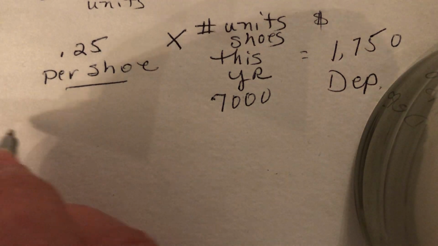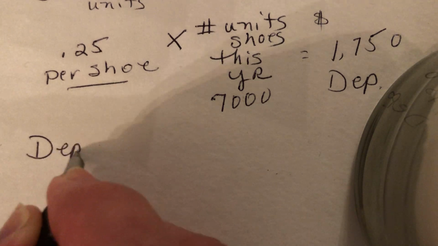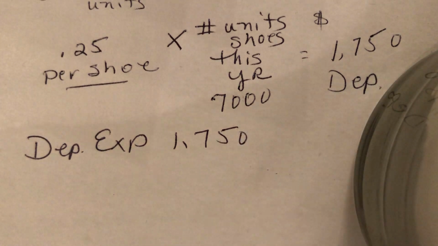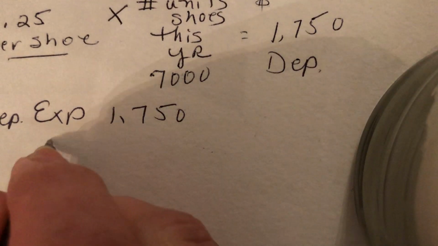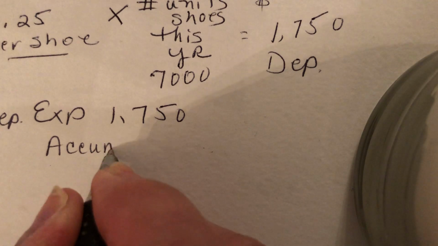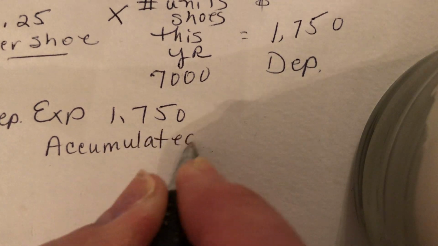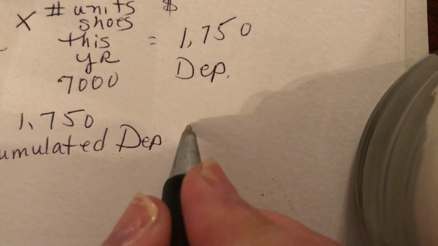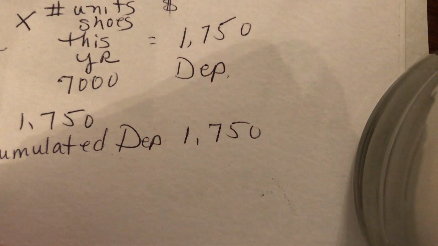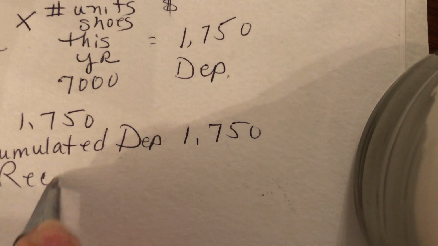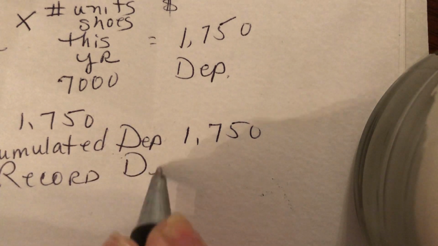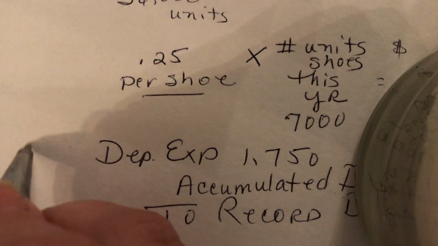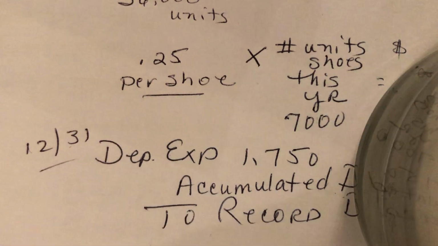So your journal entry is going to be to debit depreciation expense, $1,750, and you want to credit accumulated depreciation, $1,750. And this is to record depreciation year one. And again, it's done at the end of the year. This is an adjusting entry.